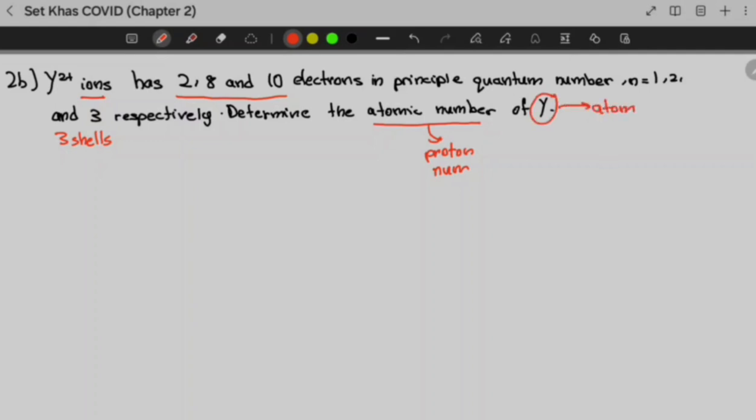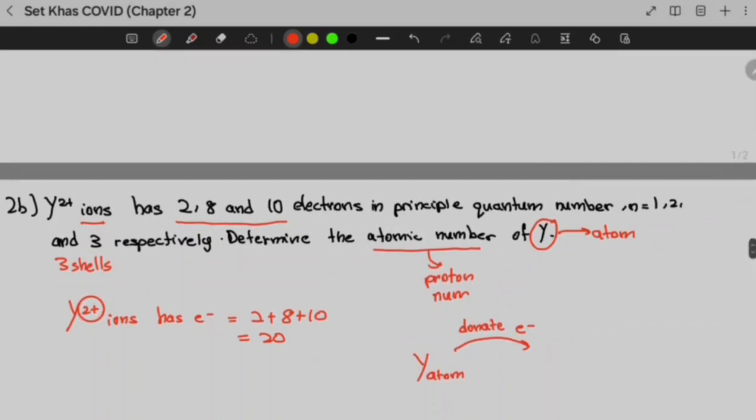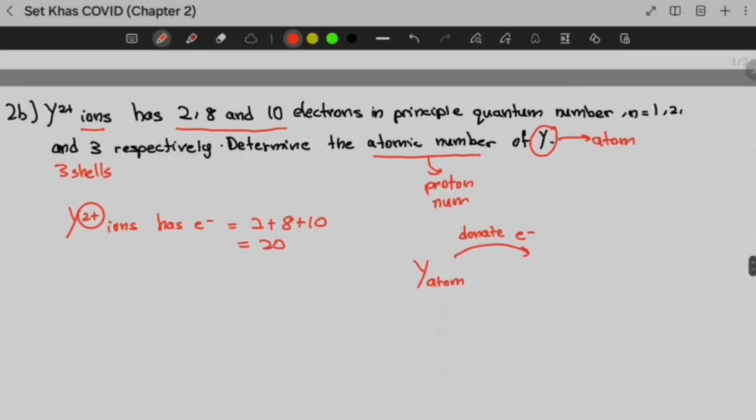The original state. From the ions you can get that Y2+ ions have electrons of 2 plus 8 plus 10. You get a value of 20. So this is the total electrons for Y2+ ions. So how does it become an ion? The Y atom will donate 2 electrons. Always take a look at this 2 plus. 2 plus means the atom has donated.